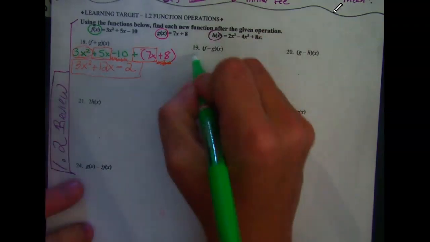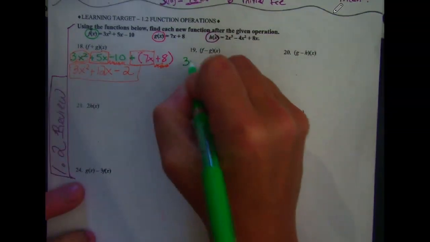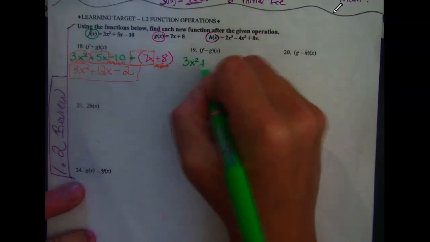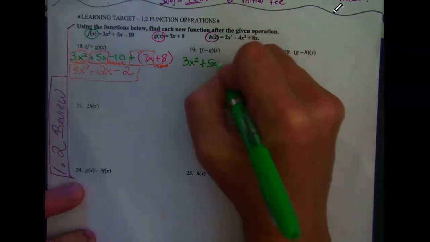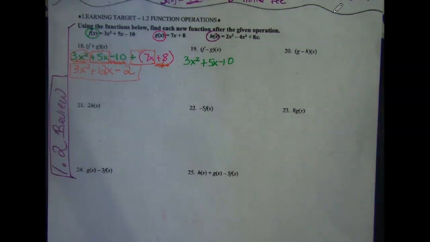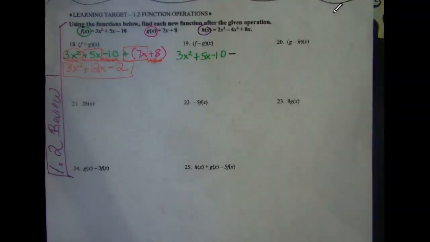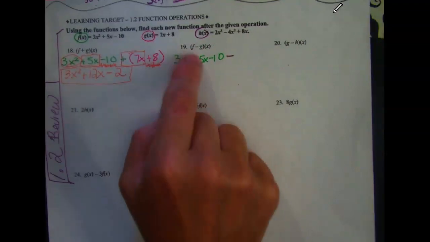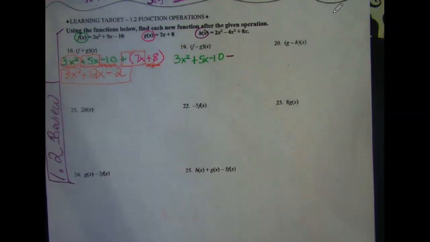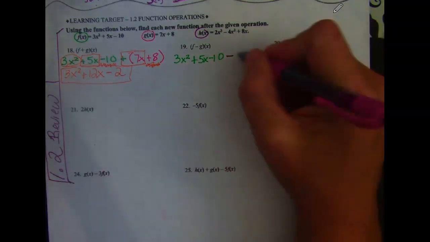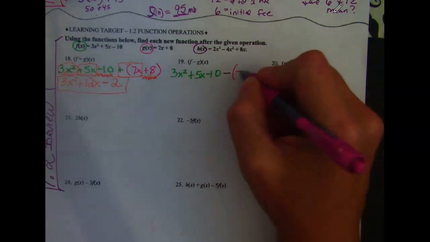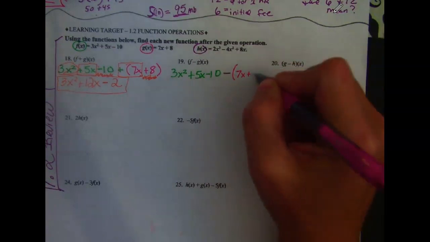So let me write my f, which is 3x squared plus 5x minus 10. And then remember, I'm subtracting. So I'm going to write that in the middle with a totally different color. It's subtracting the whole entire g, or whatever letter would be there. So I'm going to subtract that whole thing. This is where parentheses matter. I'm subtracting 7x plus 8.